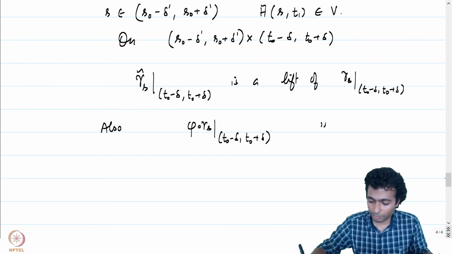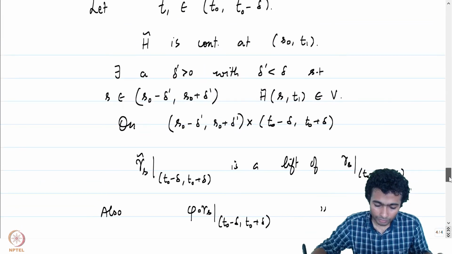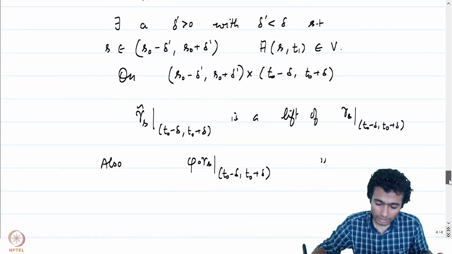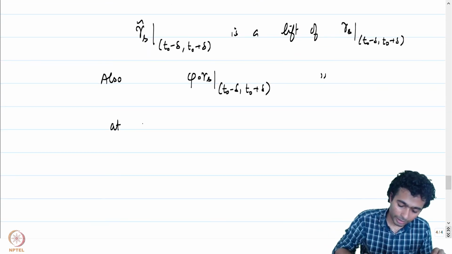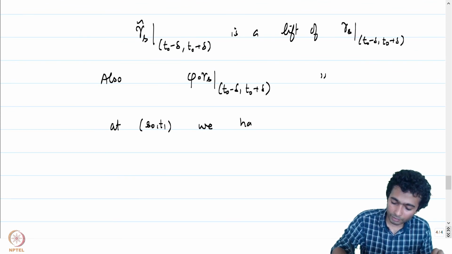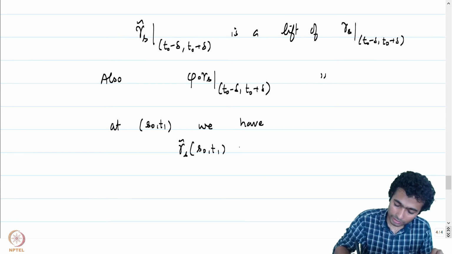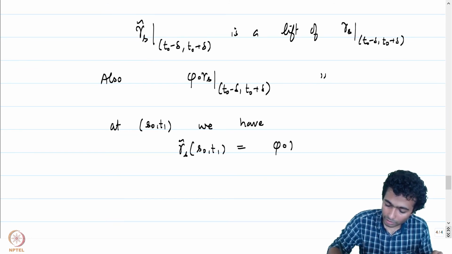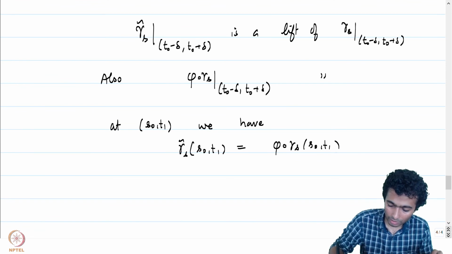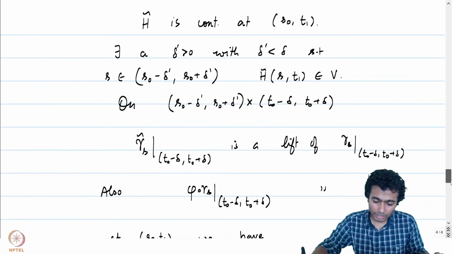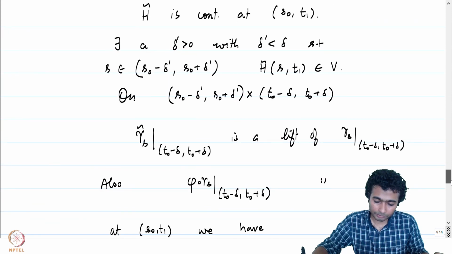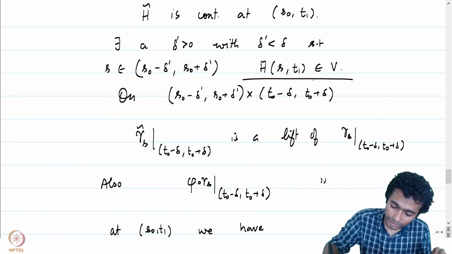So there are two lifts of gamma S now, and moreover we have just ensured that at the point S0 comma T1, gamma S tilde of S0 comma T1 is the same as phi composed with gamma S of S0 comma T1. Now that's because we just ensured that H tilde is going to be here.